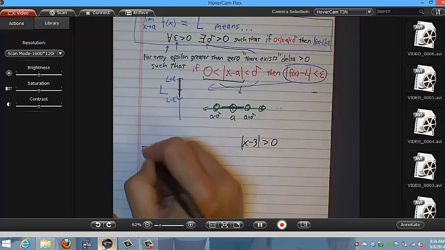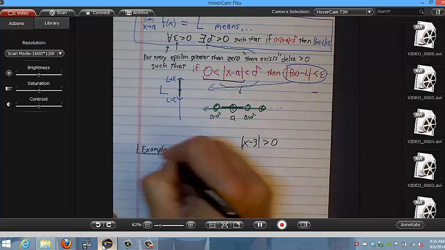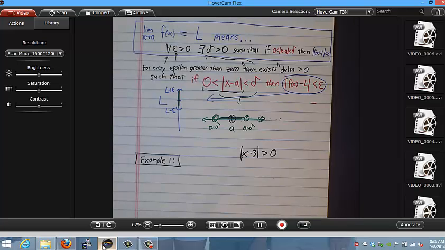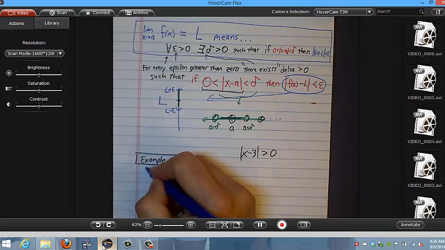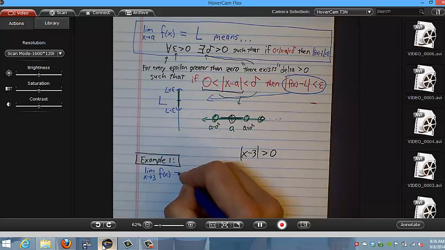This is example 1 from the book. Here I go. It says limit as x approaches 3 of f of x equals 5.